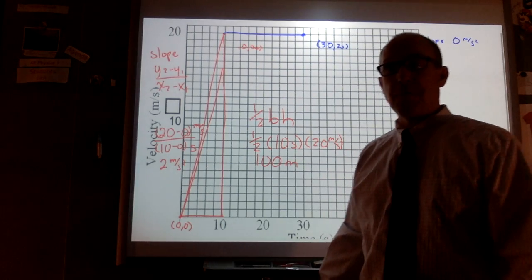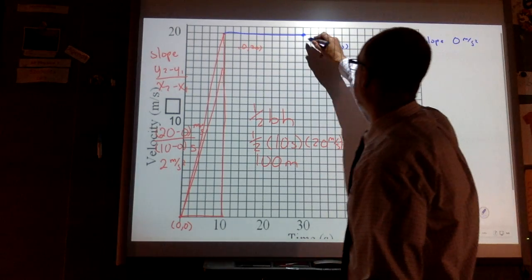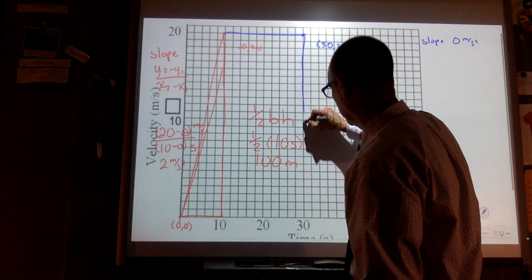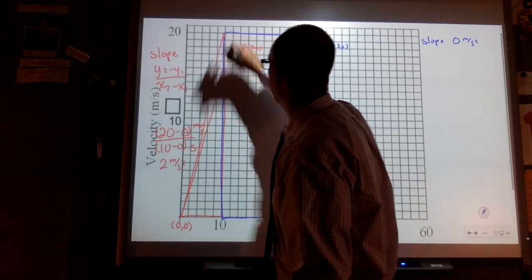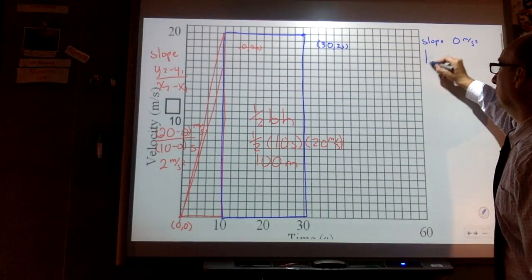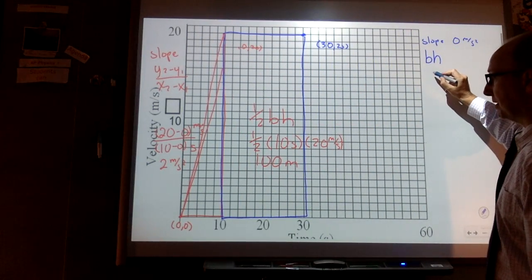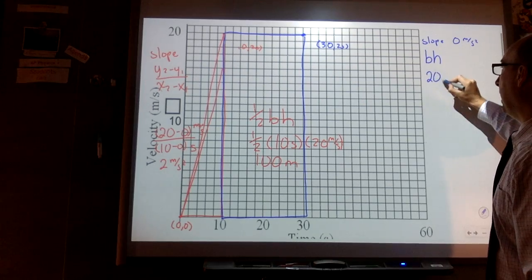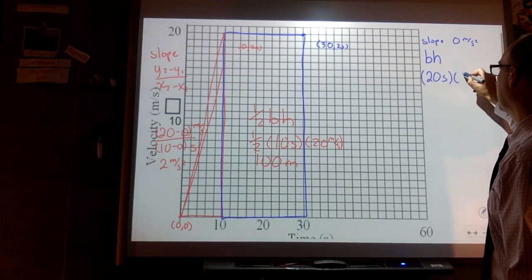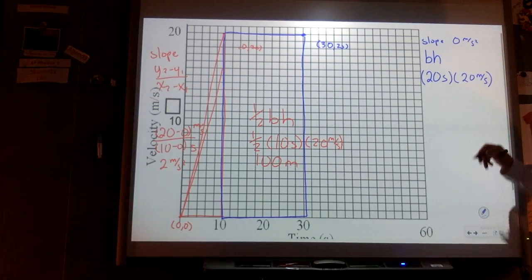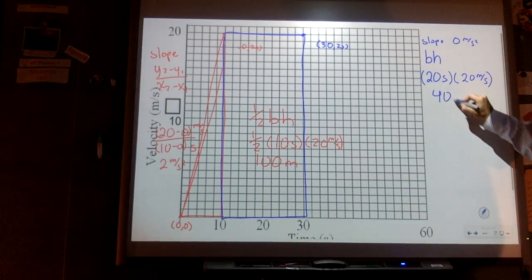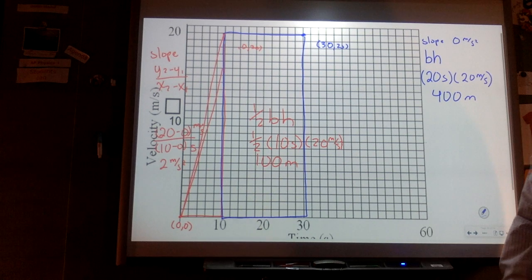But I can find out how far I traveled by looking at this big rectangle. And this big rectangle, if I do the base times the height, would have a base of 20 seconds and a height of 20 meters per second. So that means that I traveled 400 meters.